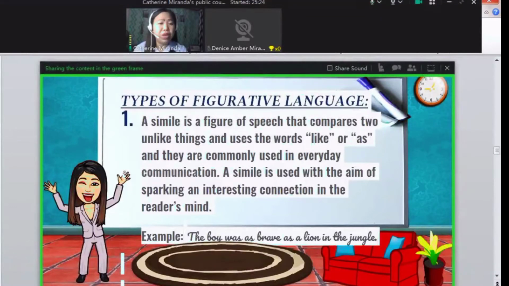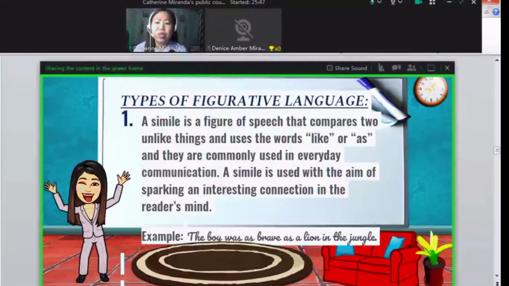If you can see the word "as," this is an indication that our statement is an example of a simile, making use of the word "as" in comparing two unlike objects. Here we are trying to compare the boy to a lion in the jungle.